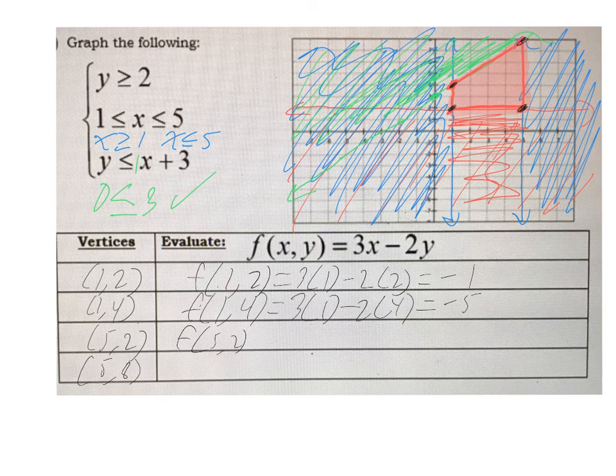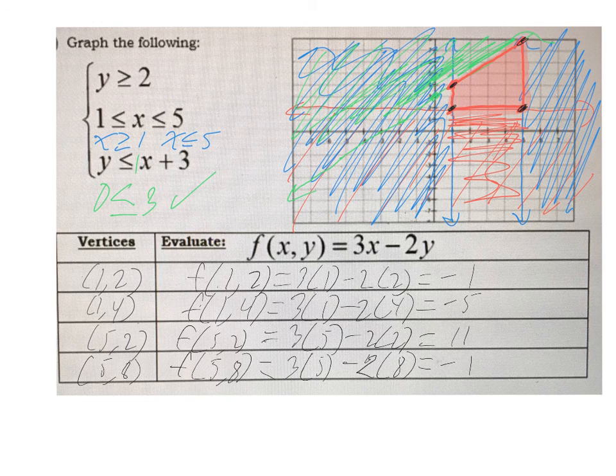F of 5, 2, which is 3 times 5 minus 2 times 2. So that's 15 minus 4, which is 11. And then f of 5, 8, x equals 5, y equals 8, so that's 15 minus 16, which is negative 1.